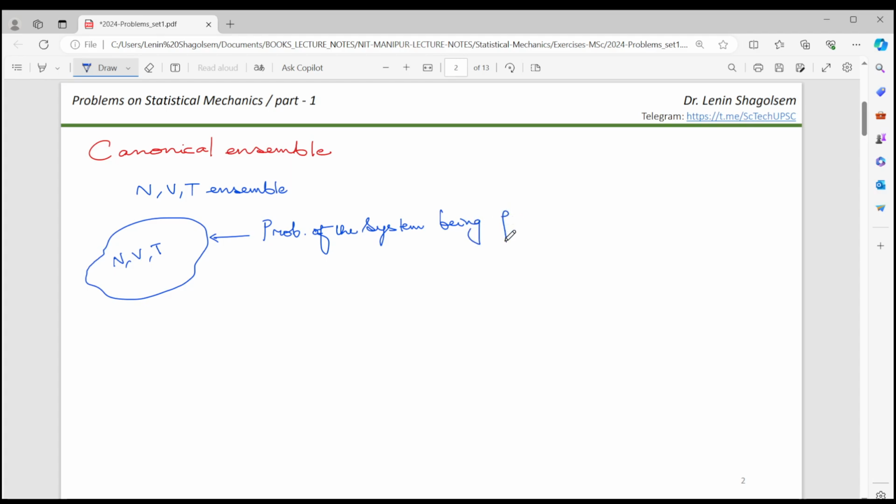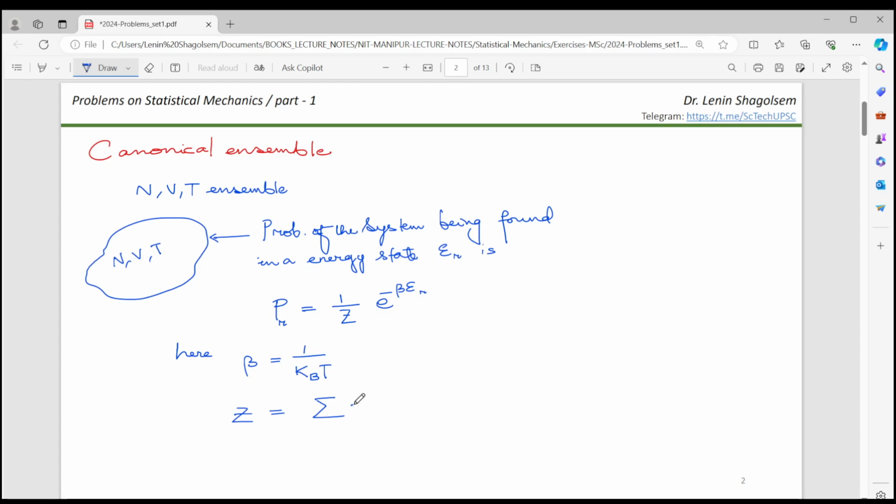being found in an energy state, let's say E_r, is, as we obtained in the last lecture, P_r equals 1 by Z e to the minus beta E_r. Here beta is 1 over k_B T, that's the inverse of thermal energy, and Z is the sum over all the states of this Boltzmann factor.